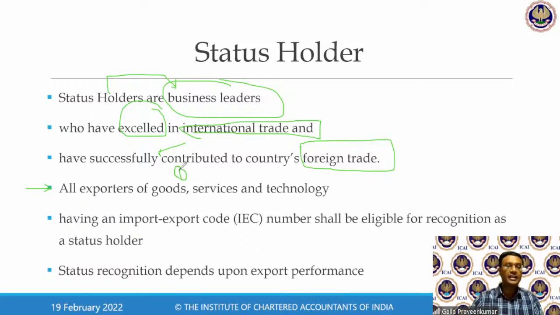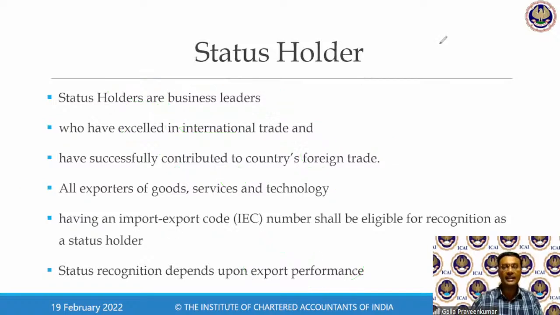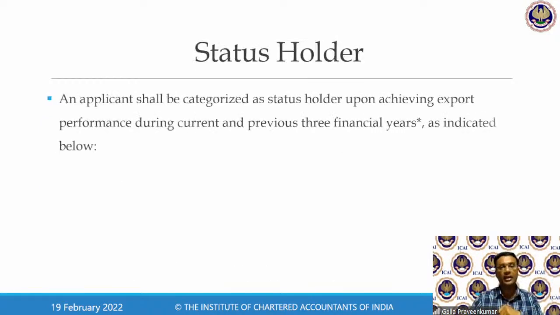They're saying that goods, services, and technology, these three sets of businessmen who have an IEC are eligible for recognition as a status holder. The status recognition depends on their export performance. So they have identified that, look, I'm going to give you something called status holder. This particular status is on the basis of you giving contribution back to the economy.